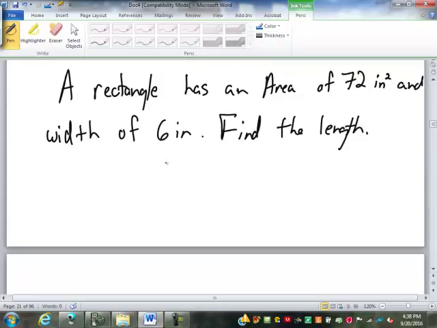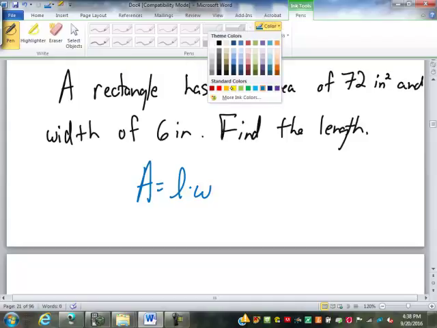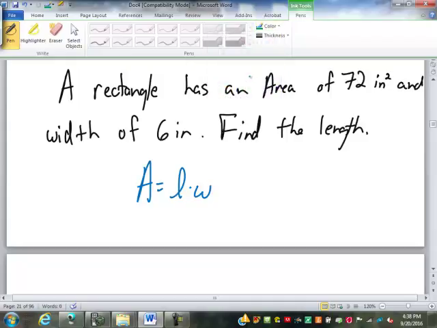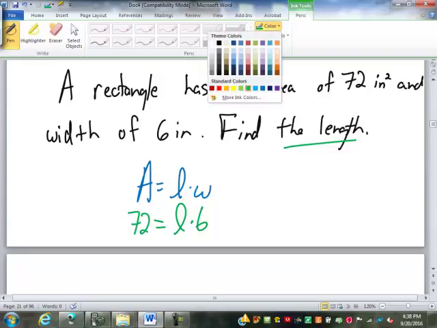So my formula for the area of a rectangle is area equals L times W. What do I know? Okay, W is 6. Do I know L? Nope, looking for the length. Do I know the area? 72. Yeah, I better know the area because I can only have one unknown, right?